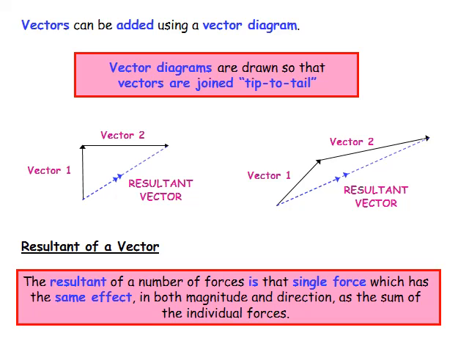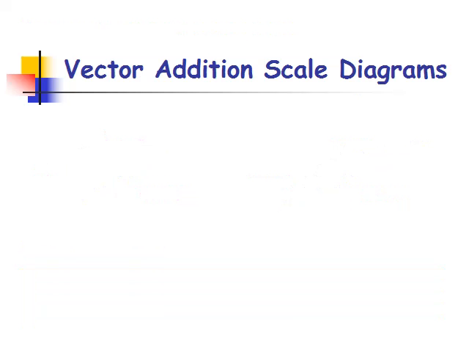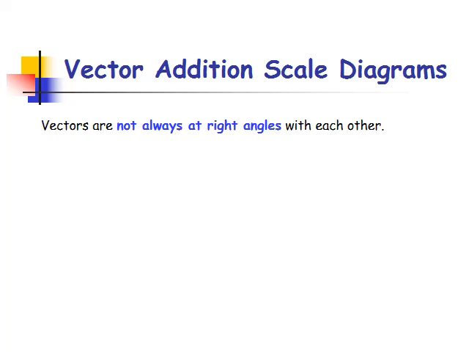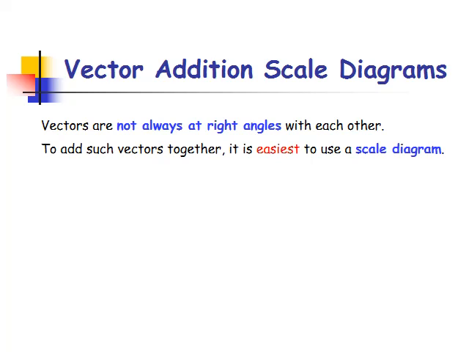The resultant of a number of forces is a single force which has the same effect, in both magnitude and direction, as the sum of the individual forces. Let's have a little look at what we mean by this. Vectors are not always drawn at right angles.